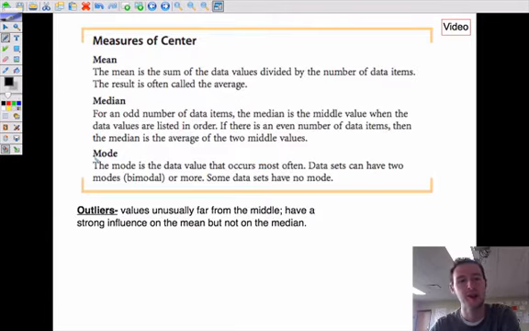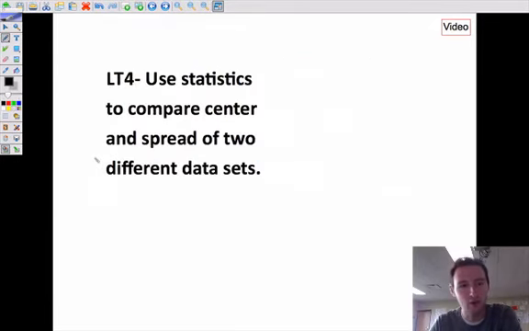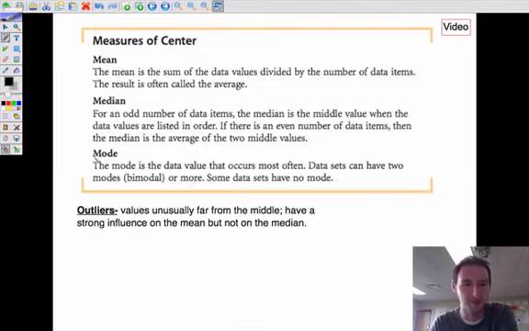All right, we're talking LT4. Use statistics to compare center and spread of two different data sets. These are kind of things that you've seen before, and on your notes you've got a whole bunch of measures of center. Take down these definitions real quick.